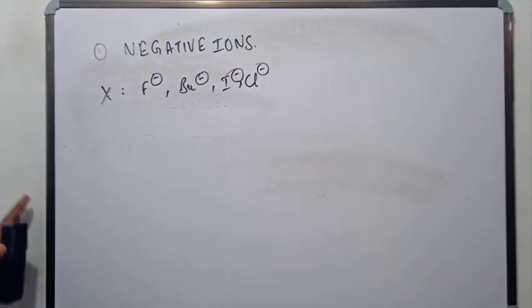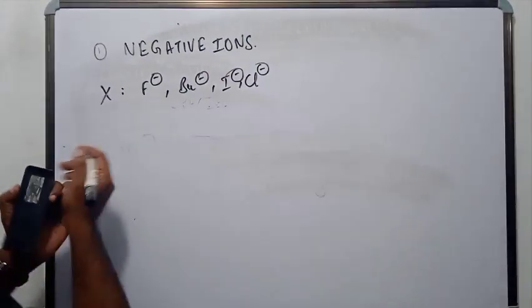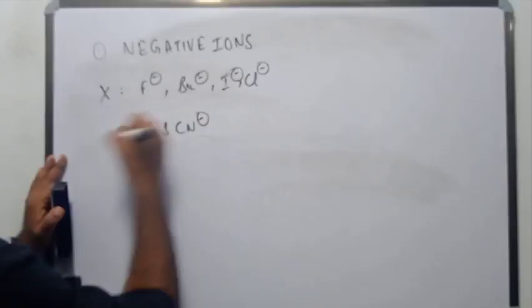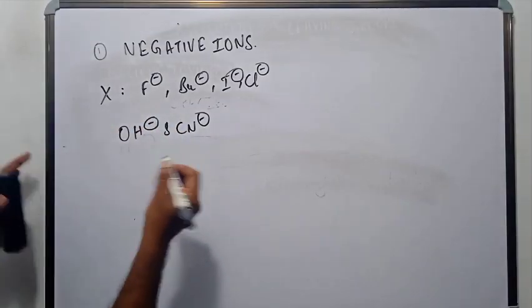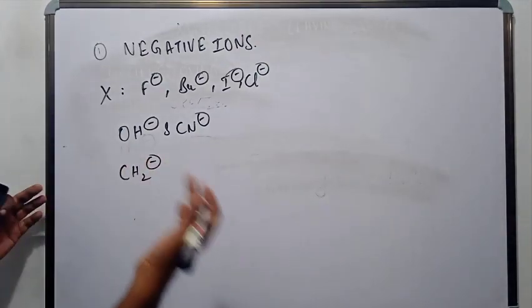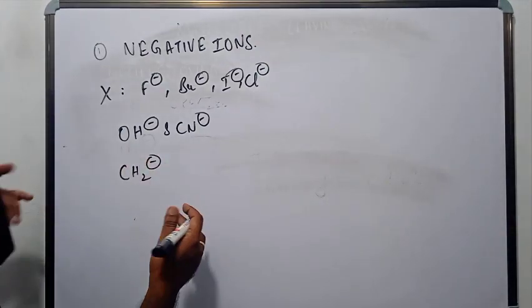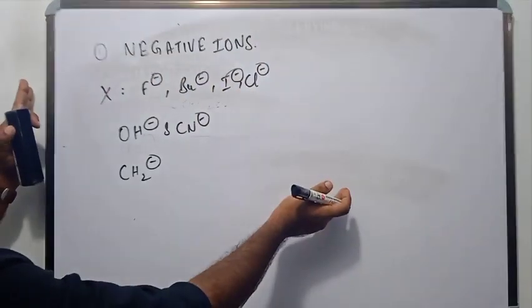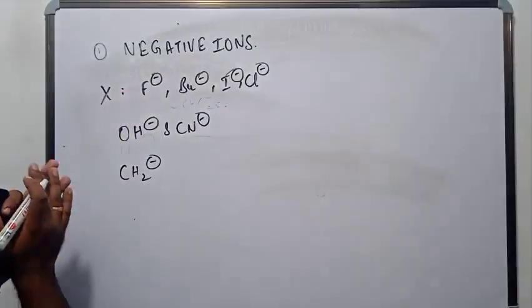They are all negative ions. They are rich in electrons. OH minus and CN minus, they are rich in electrons. Carbon anions are also rich in electrons. So these simple negative anions are nucleophiles.